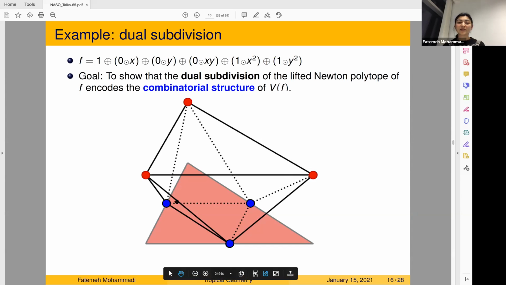And then if I look at this facet, which is again a lower facet, that would translate to this triangle. And the same goes with this triangle upstairs, which would be translated to this face here. So that would give me a subdivision of the original triangle that I had. Is that okay? Yes, thanks.